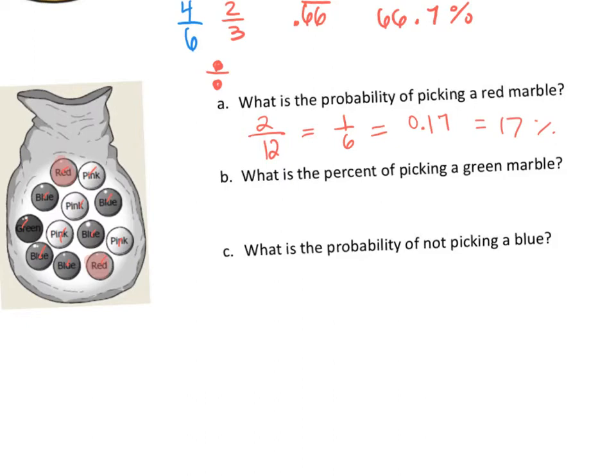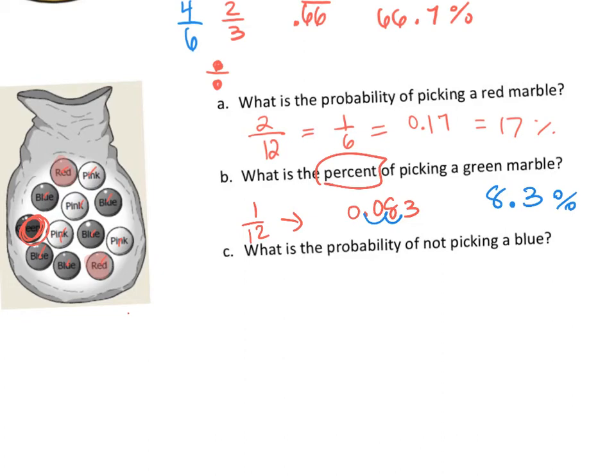What is the probability, what is the percent of picking a green marble? Well, we know it's out of 12, and there's only 1 green right there. So 1 out of 12. Remember that as a percent is what they're asking me. So 1/12 is 1 divided by 12, which is 0.083, but that's not my answer because they want percent, so I move it 2 to the right: 8.3%.